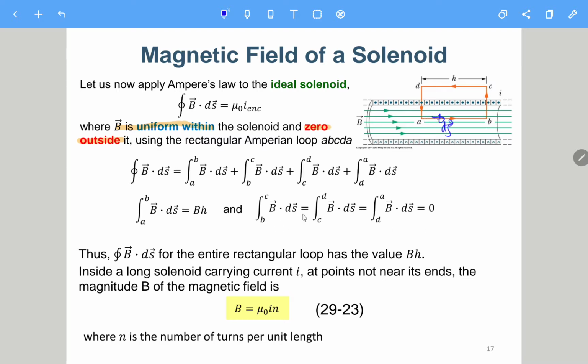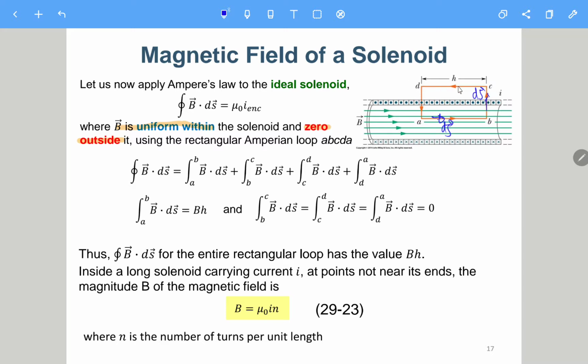And for the other segments, all of them are 0. For BC, the B field is pointing to the right side and ds is pointing upward, so they are perpendicular to each other, and B dot ds is 0. Similarly, the line integral of B dot ds for the DA segment is also 0.